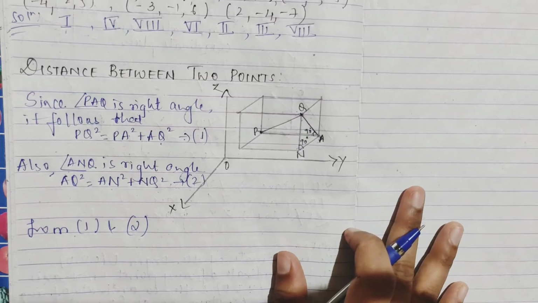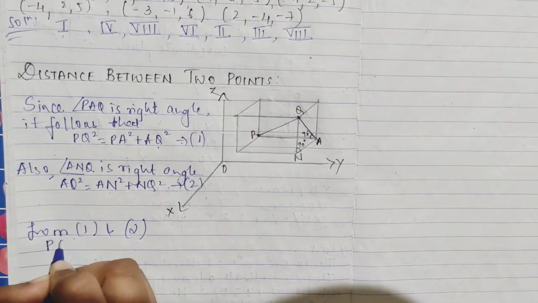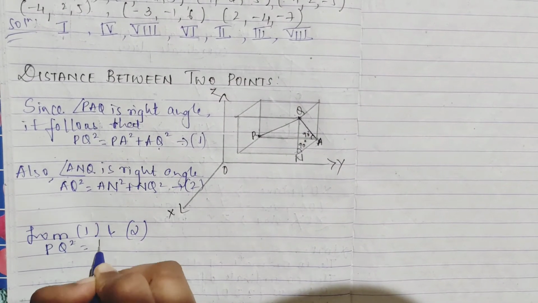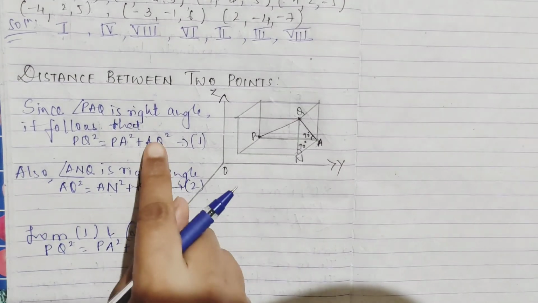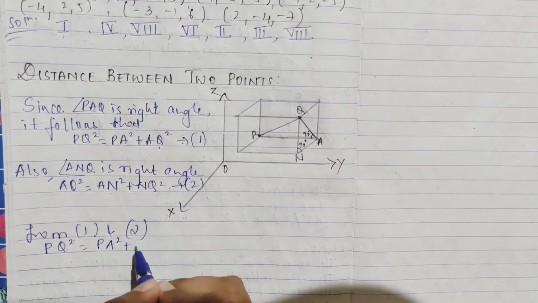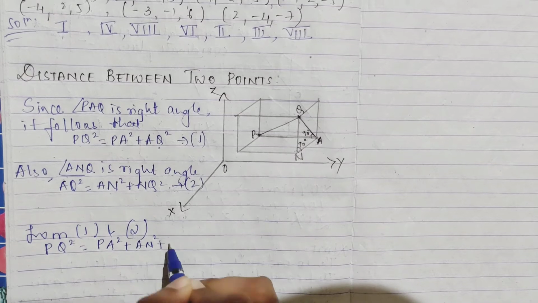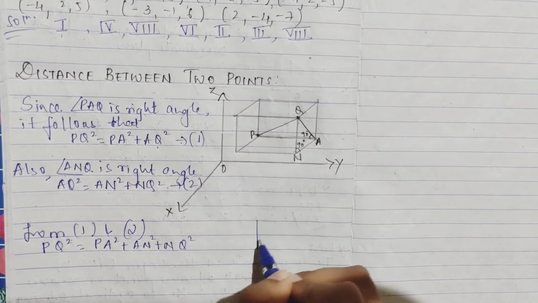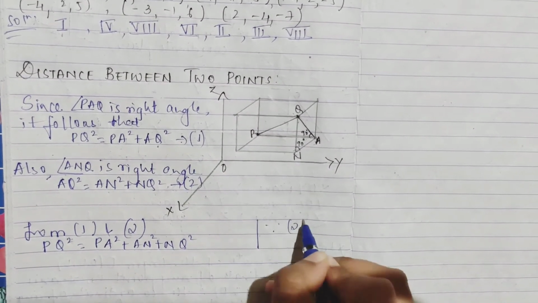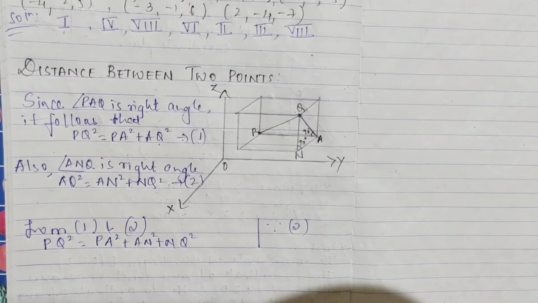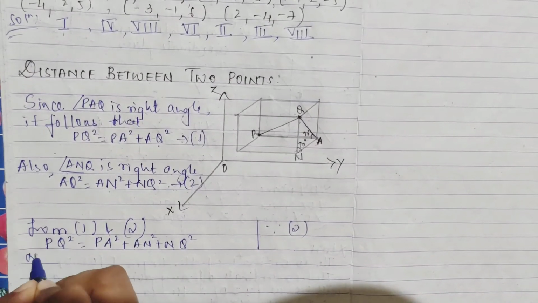From 1 and 2 we have PQ square, keep as it is. PA square also keep as it is. Now in place of AQ square you will substitute AN square plus NQ square. Why? From your equation 2. Now what can we do?